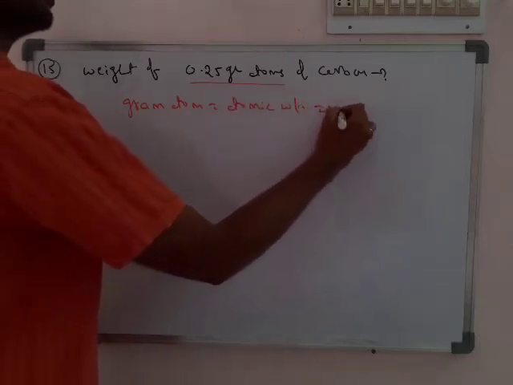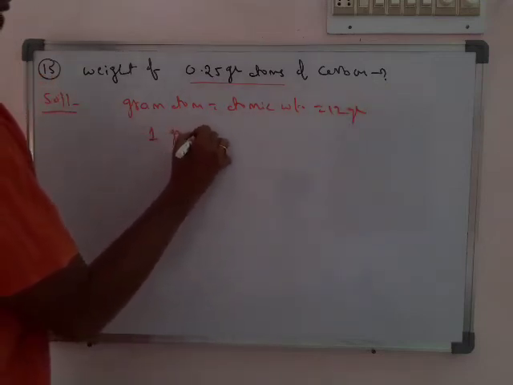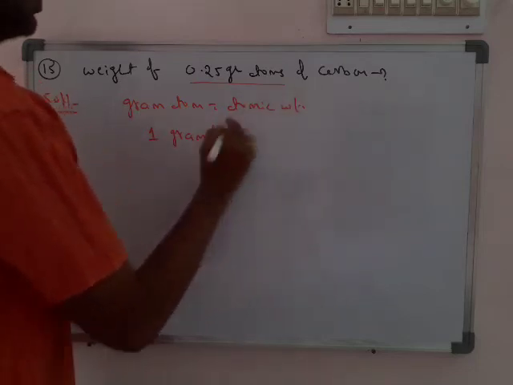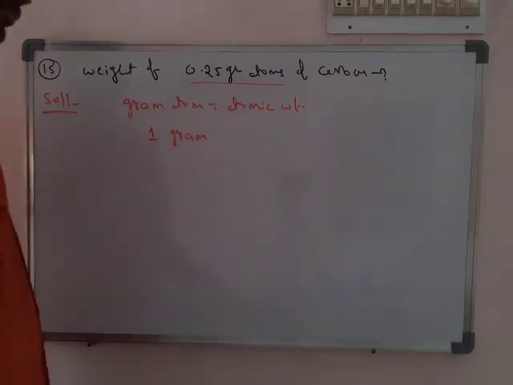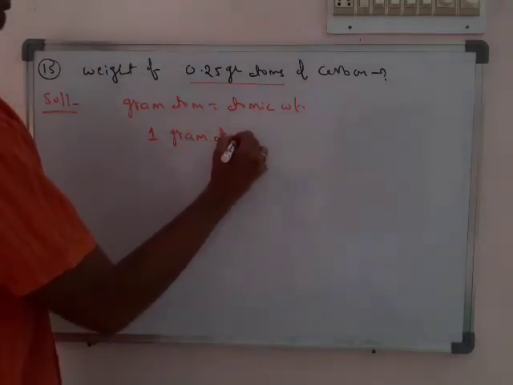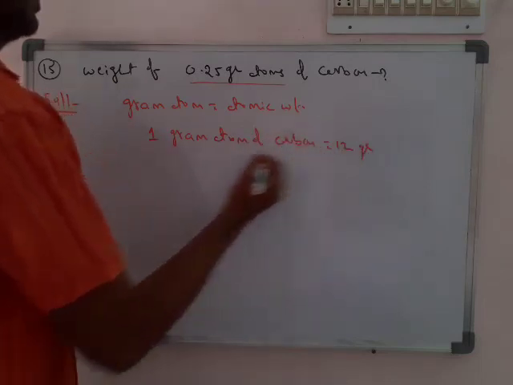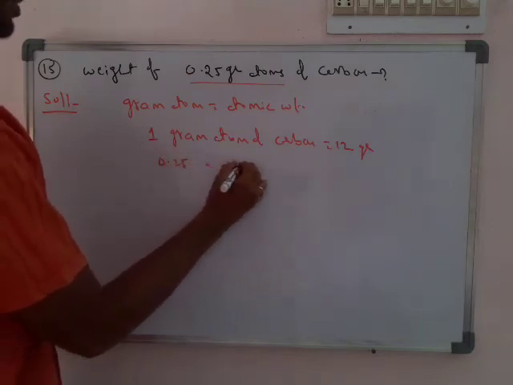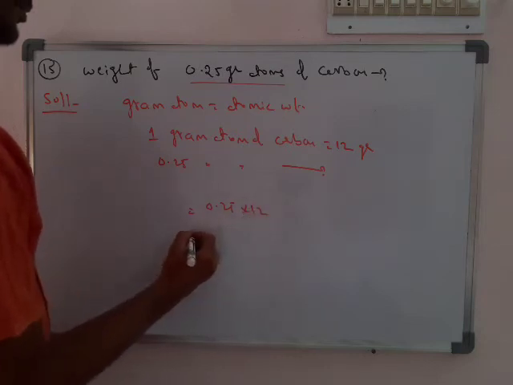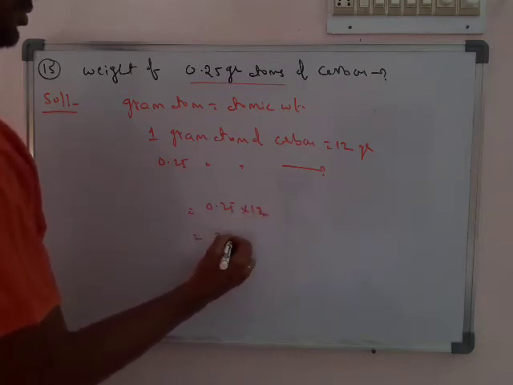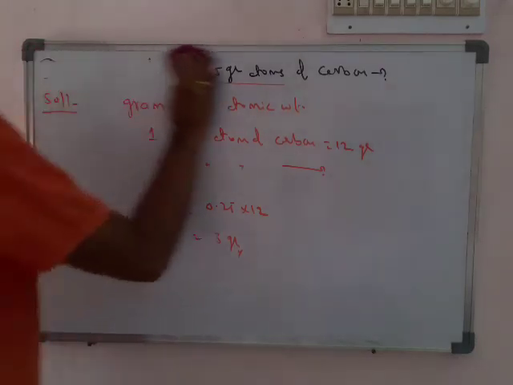For carbon, 1 gram atom equals 12 grams. Then what about 0.25 gram atom of carbon? 0.25 times 12 is 3 grams.